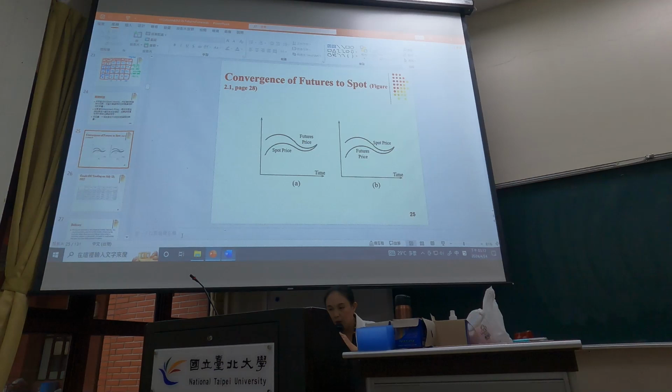Okay, due to the demand and supply. And this is what we call seasonality reason or seasonal reason. Okay, so what does it mean? Standing at today, okay, today is April, right? And then when do we have mango?